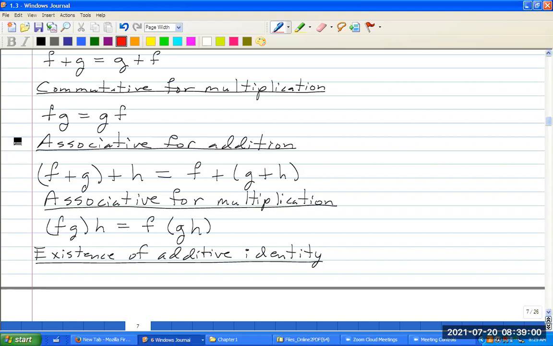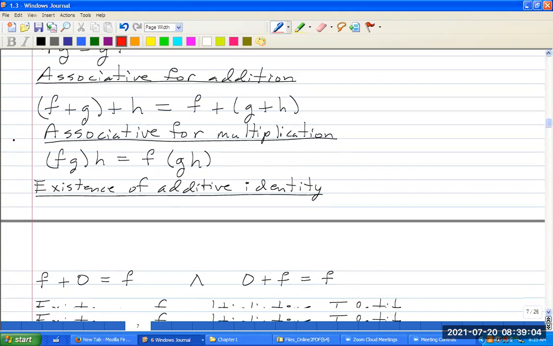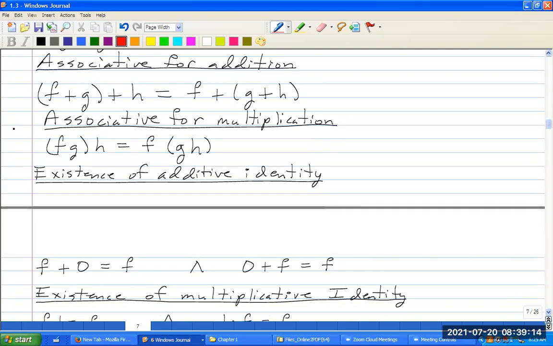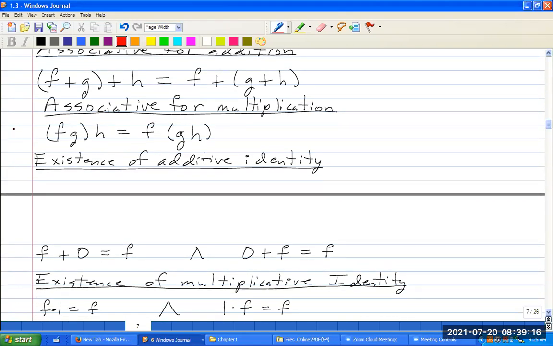The associative property for multiplication. If f, g, and h are functions, then f times g multiplied by h is the same as f multiplying the product of g and h.